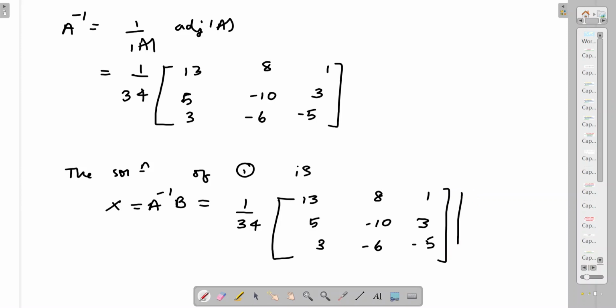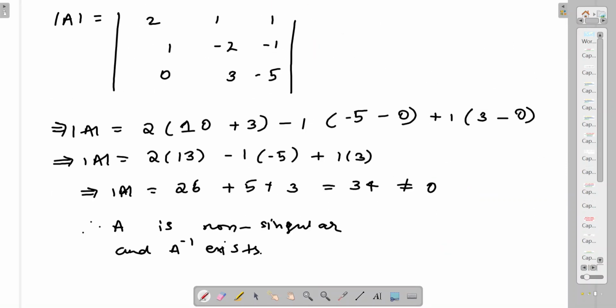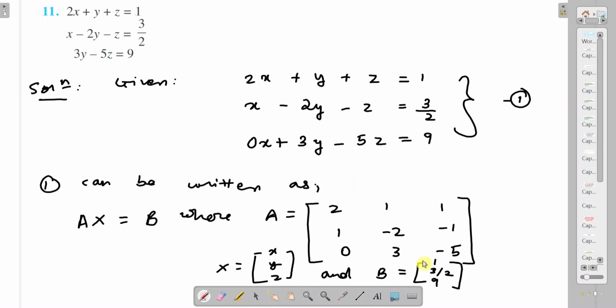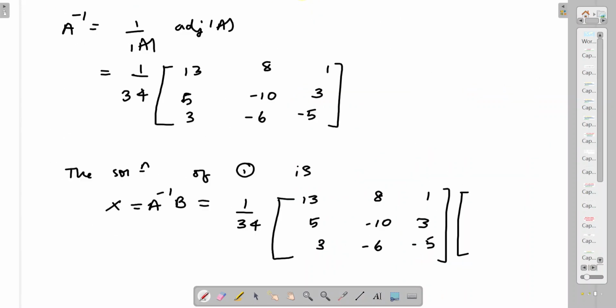Okay. And then multiplied by capital matrix B, that is 1, 3 by 2, 9.